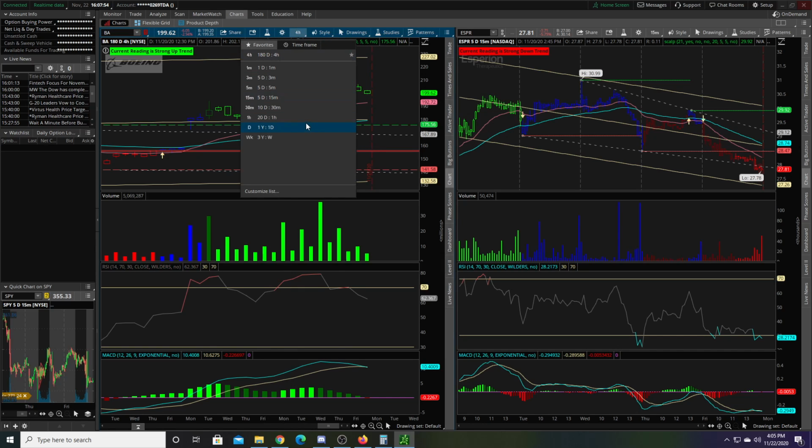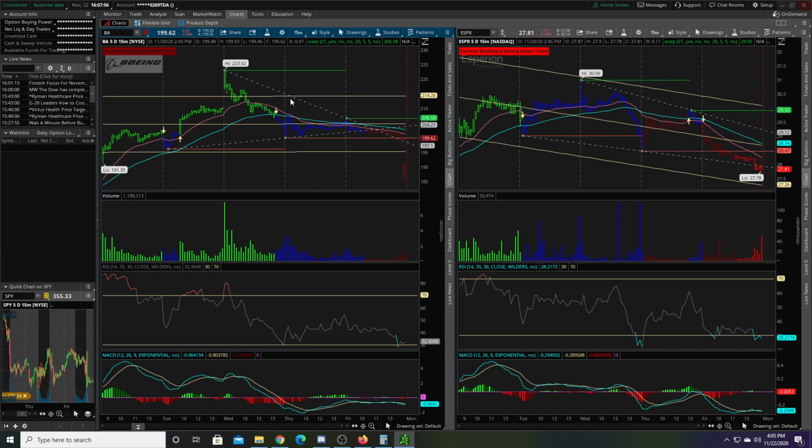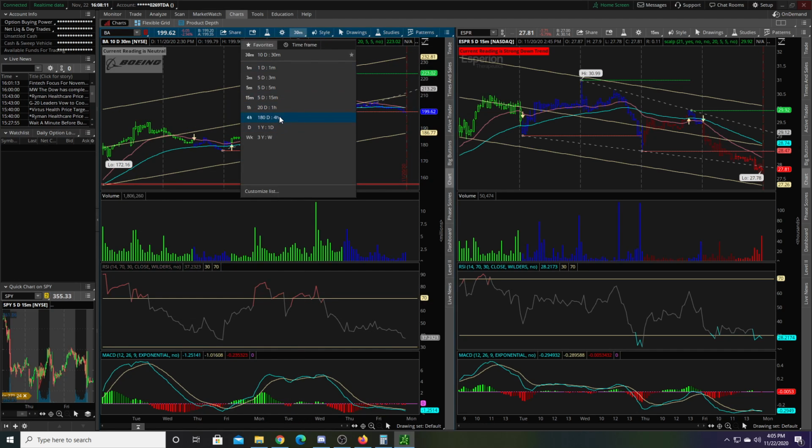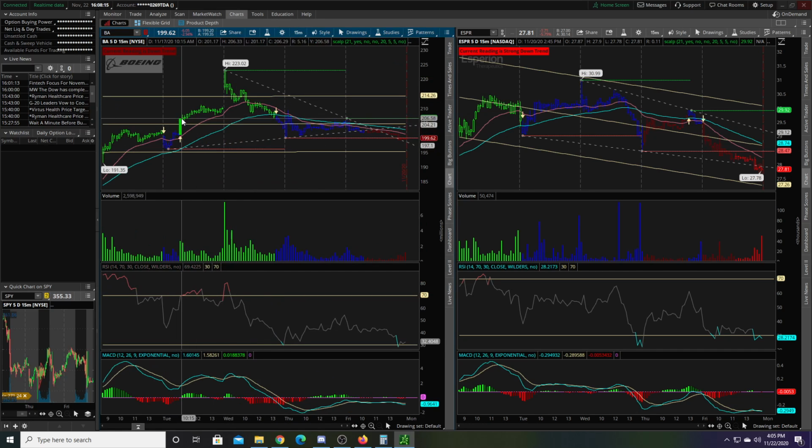Okay, so the 15th, we'll move on to the 15-minute chart, I'm sorry, the 30-minute chart right here, overbought, and the 15-minute chart, overbought.